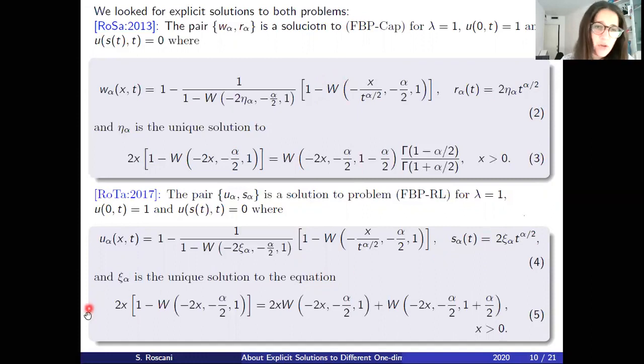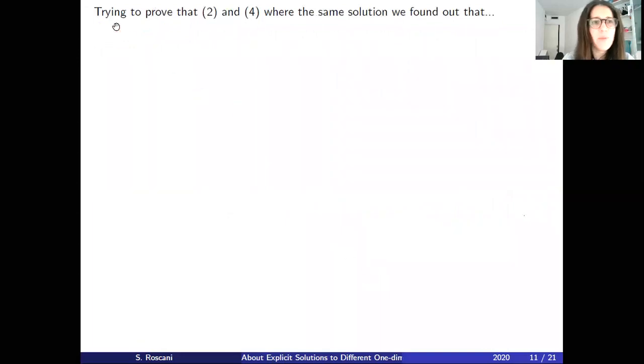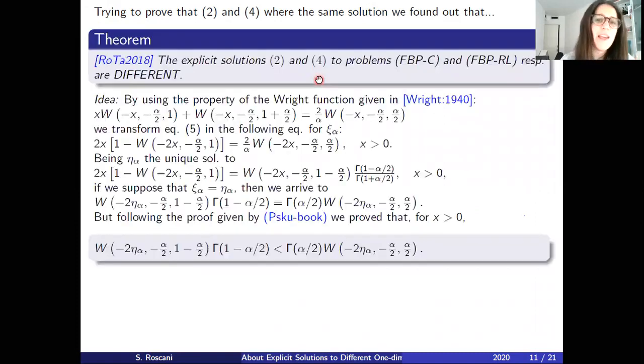But now this C is a solution of a different equation. I was thinking, wow, these solutions are very similar, I think they are the same. Trying to prove that they were the same, I arrived at the conclusion that they were different, okay? My intuition wasn't so good, but it was a very nice exercise to prove that they were different.